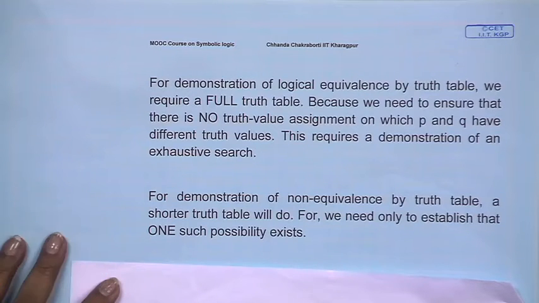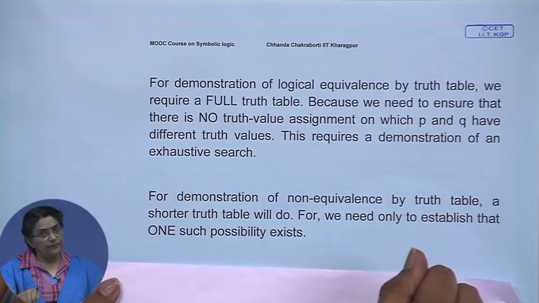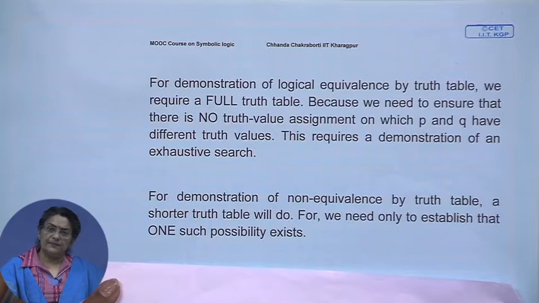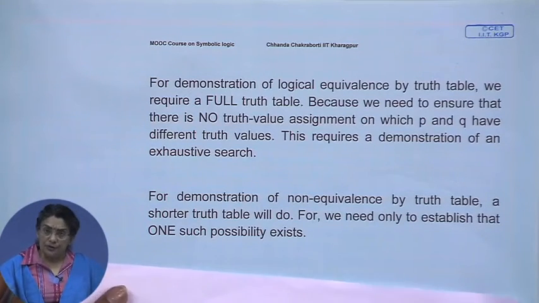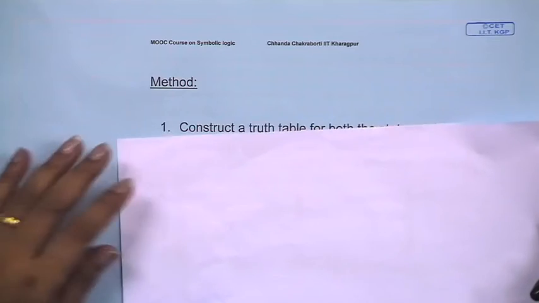The method, how to do this, I am going to explain in a moment, but it is much more important to understand and grasp the idea behind what you are doing. I hope that difference has been clarified. So, logical equivalence or not logically equivalent, what is the method? Given any two propositions P and Q, what do we have to do?